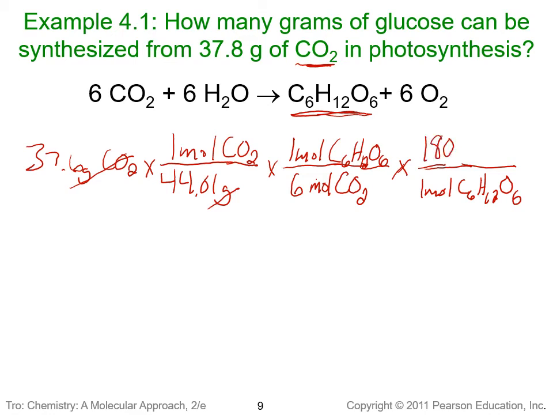We get 180.2 grams of glucose. And we can find that we can turn 37.6 grams of carbon dioxide into 25.8 grams of sugar.